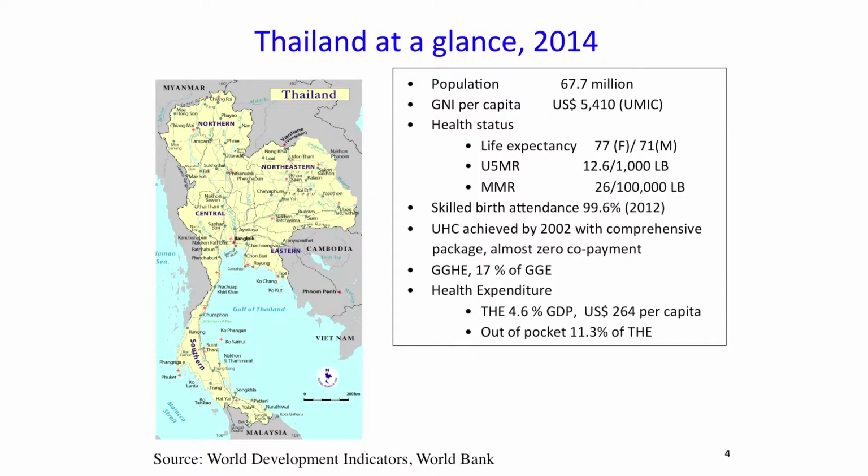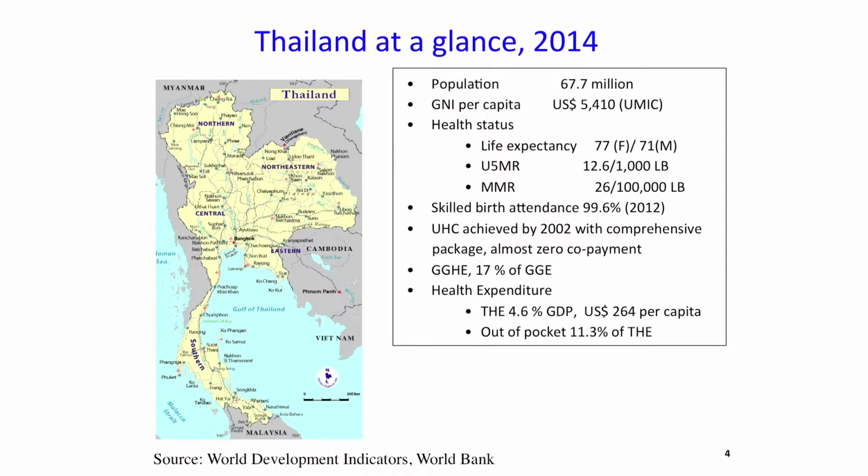Thailand is an upper middle income country with a high level of health achievement in terms of life expectancy and mortality outcomes. UHC has been achieved since 2002 with a comprehensive benefit package and almost zero co-payment at point of services.